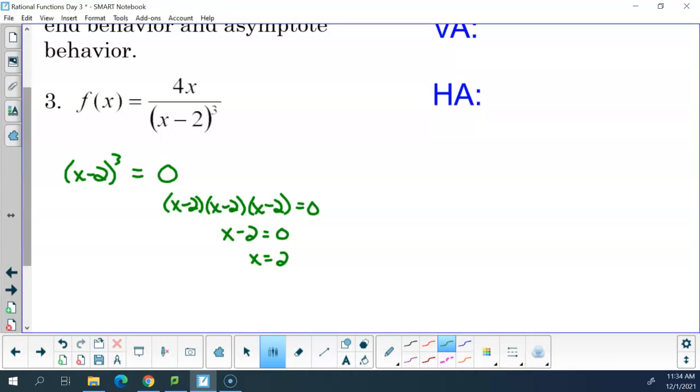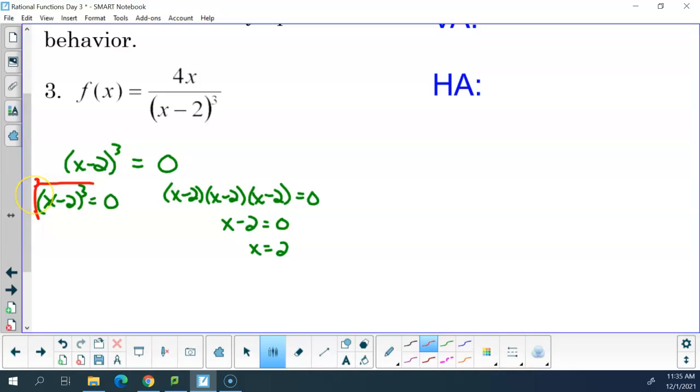Okay. Other option is I can take the cube root of both sides. And that puts me right into that.